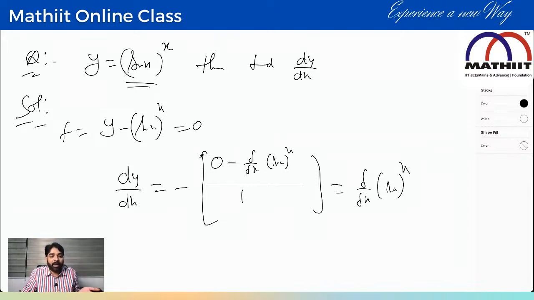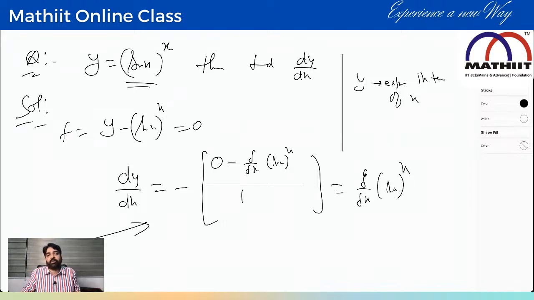So here itself, do you know why this much drama is happening? So don't try to apply partial differentiation method in the case when y is expressed in terms of x. If y is expressed in terms of x, no need of partial differentiation because the same job you have to do. If y and x are mixed together, then use this one. When y and x are mixed together, then use this one, it will be helpful.